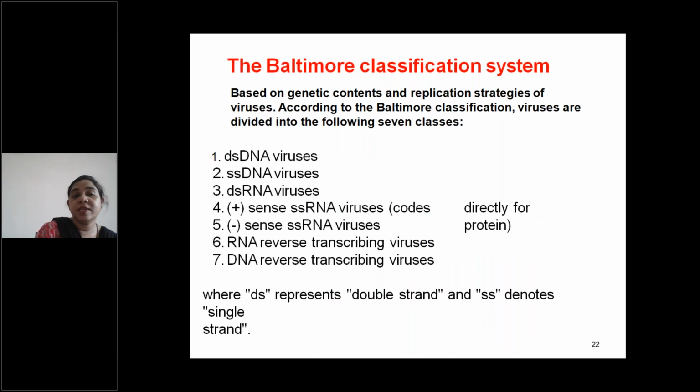Baltimore classification system is now the most important method of classifying viruses, mainly for research purposes.